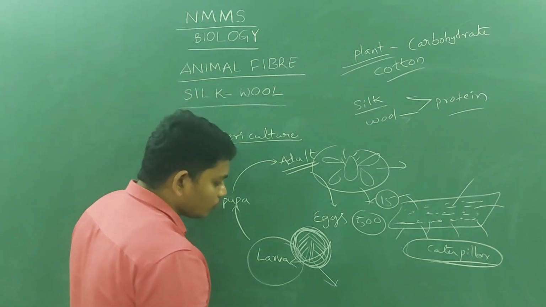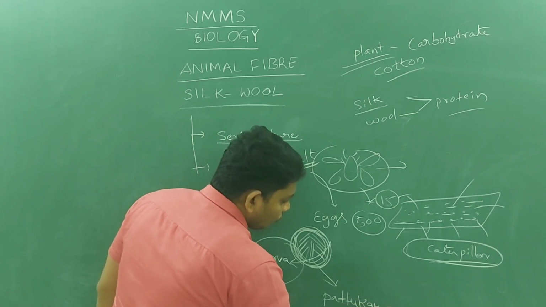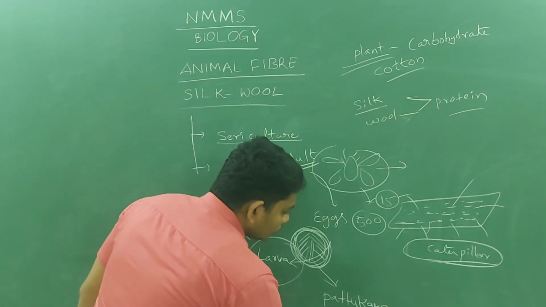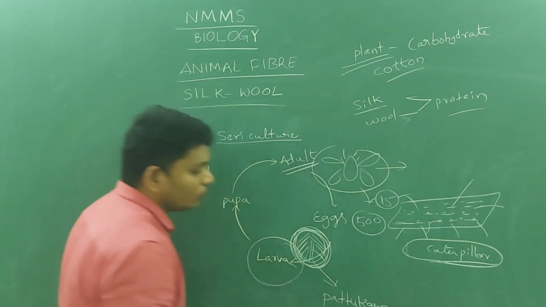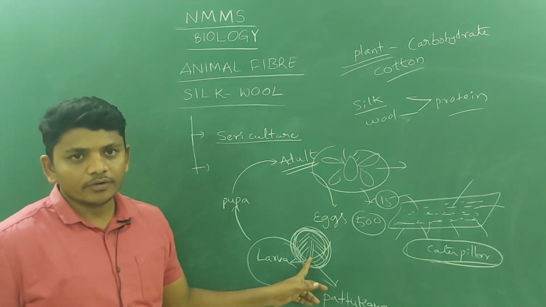Okay, that is called pattukaya. This pattukaya is also known as cocoon. In the cocoon, we can see a large size caterpillar.